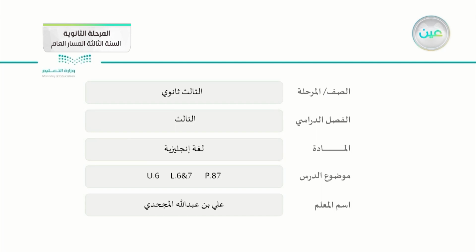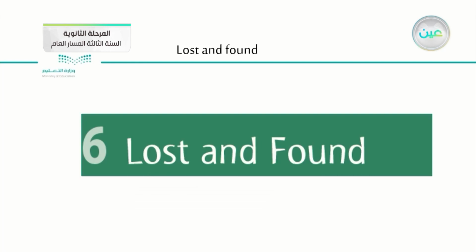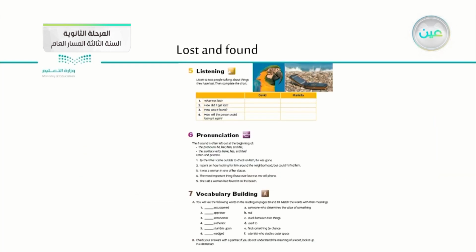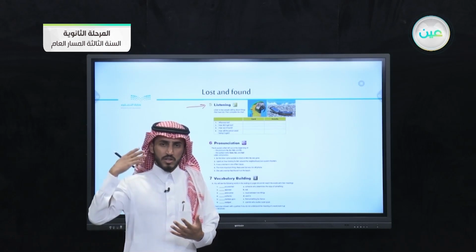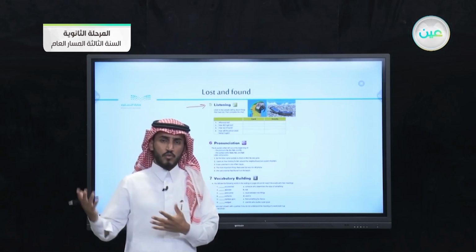But before we start it, let's take a quick recap of the previous lesson. In the previous lesson, in Unit 6, we had a listening lesson. We focused on the listening part on this page and we learned some techniques. These techniques are used to enhance your understanding of what you hear.